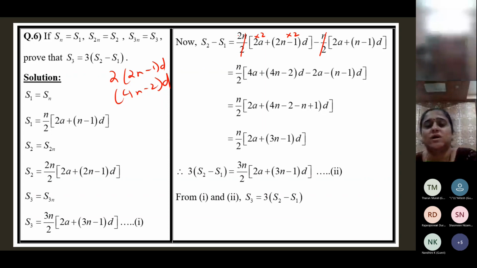So that's what you see here: 4a plus 4n minus 2 into d. Minus, here there is nothing outside, so these terms will come out as it is. So it will be minus 2a, minus into plus is minus, n minus 1 into d, close bracket.